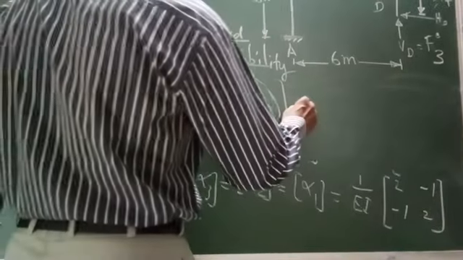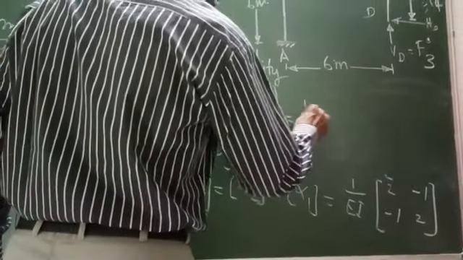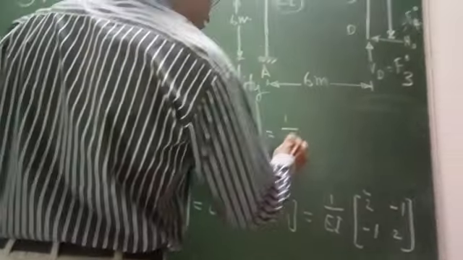So this is equal to 1 by EA. In all the three cases, 1 by EA is common. 1 by EA into, for element number 1, 2 minus 1 minus 1 2. So all the other four values are zeros. 0 0. That is for element number 1.